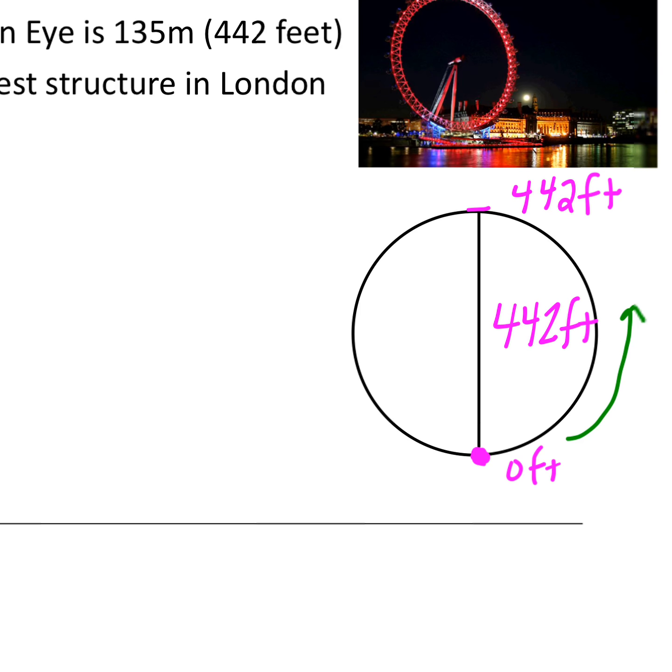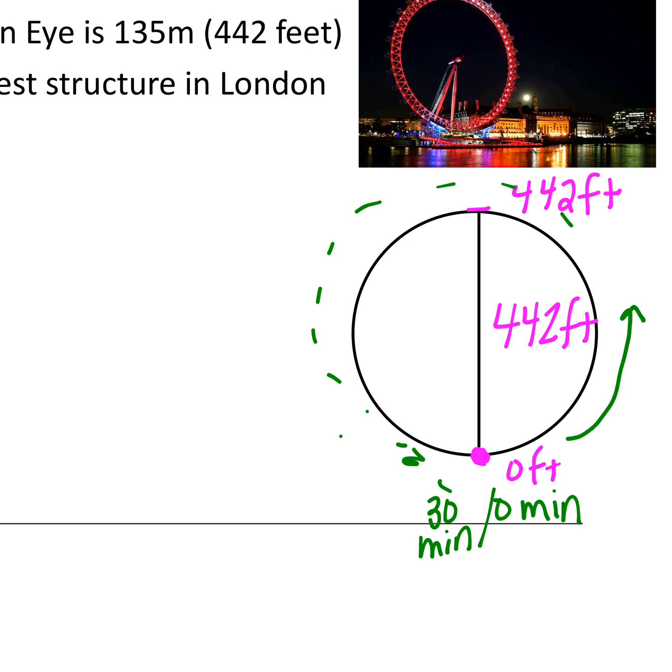So if we start at the very bottom, we get on at 0 minutes. Does everybody agree? And if we go all the way around, it's going to take us 30 minutes to get back to where we started. Okay, everybody agree? So what does that mean for us? Well, if we were going to graph this, what type of graph is this going to be?